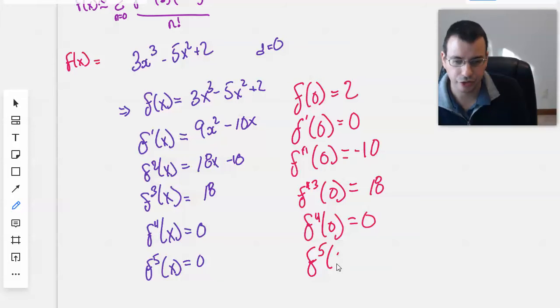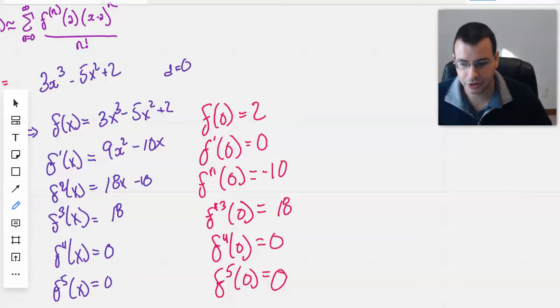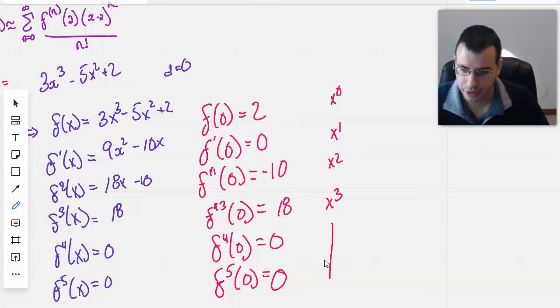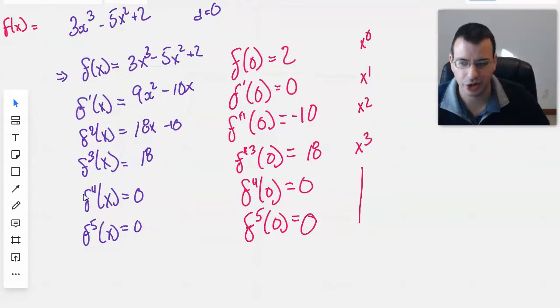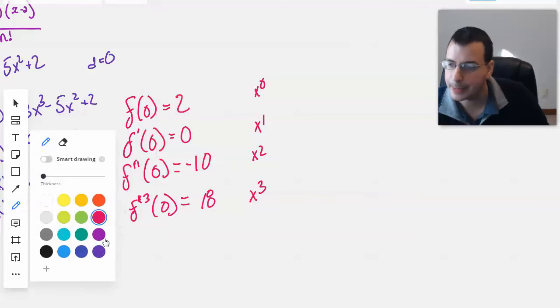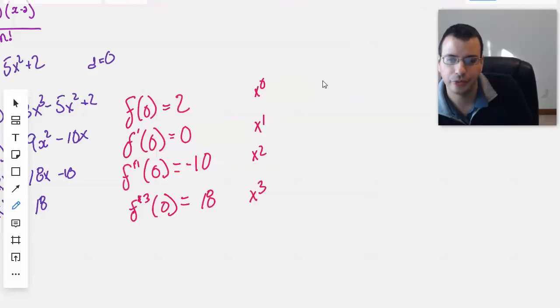So now we need to find the x values. Will be x to the 0, x to the 1, x squared, x cubed, and x to the fourth, x to the fifth, but those will be 0. I'm going to take these off just because we already know that they're going to be 0. And then we'll have the factorials, which factorial of 0 will be 1, factorial of 1 will be 1, factorial of 2 will be 2, and factorial of 3 will be 6.